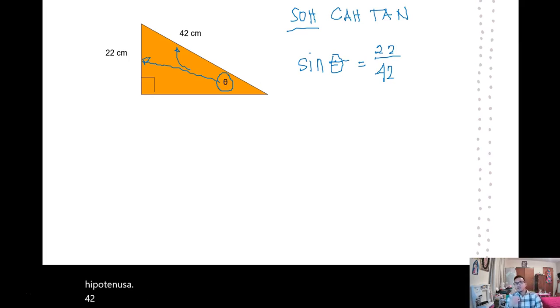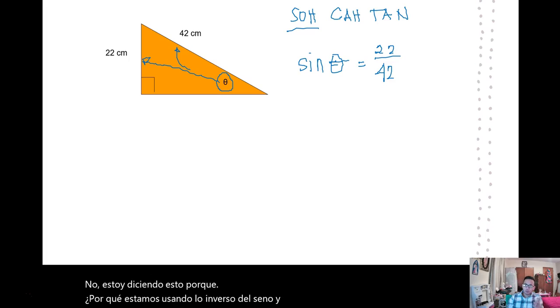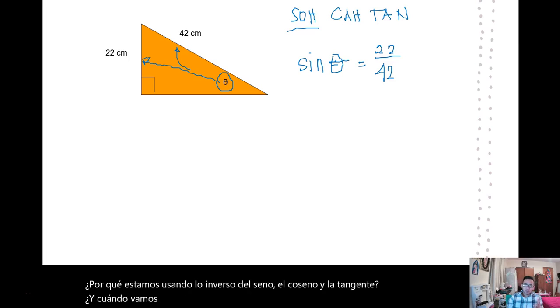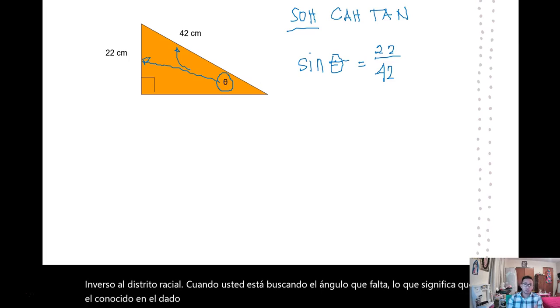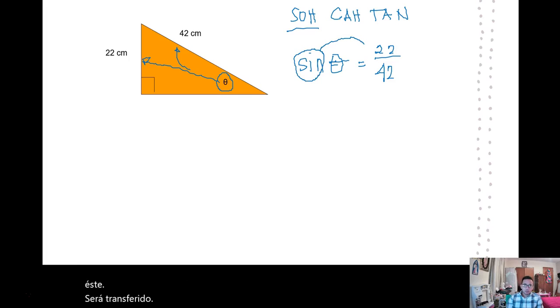Now, why are we using the inverse of sine, cosine, and tangent, and when are we going to use them? We use the inverse of these trig ratios when you are looking for the missing angle, meaning the unknown in the given is the angle, not the side of the triangle. So this trig ratio will be transferred to the other side.